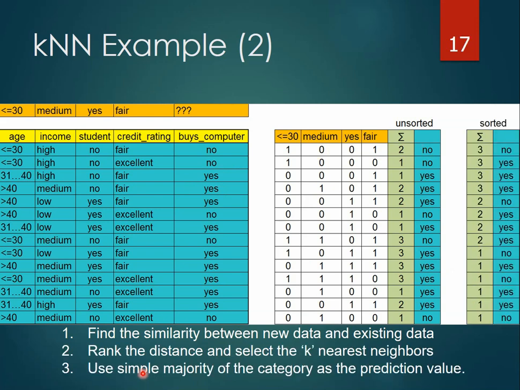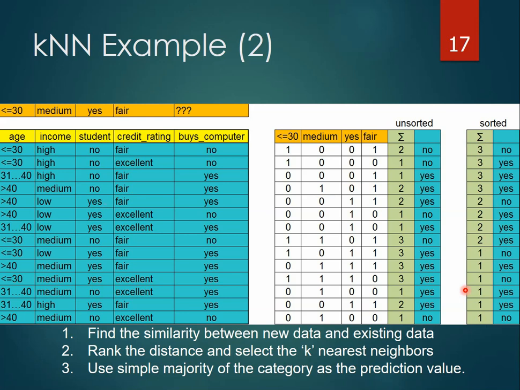Next, we want to rank the distance, or the similarities actually, and select the k nearest neighbors. So we rank. We just ignore the values of this data set. We rank these similarity values from the highest to the lowest. We have a number of 3s and 2s and 1s.